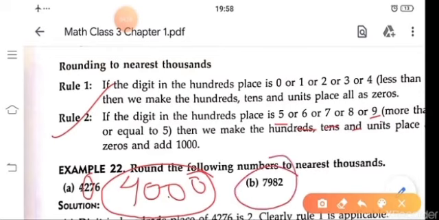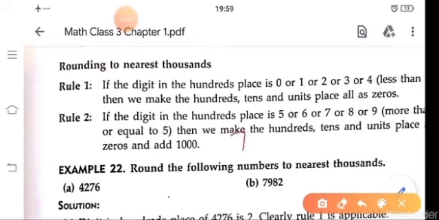See this example, 7982. So where is 9? 9 is at the position of 100. So it is more than 5. So we'll write 0 at hundreds place, 0 at tens place, 0 at ones place, and then we add 1000 to it. How? See.